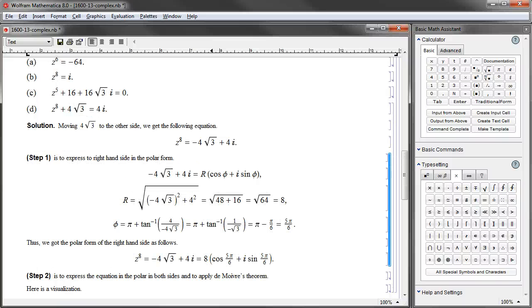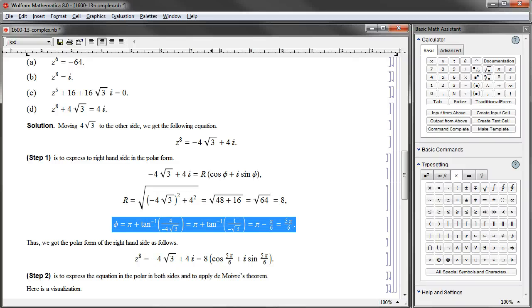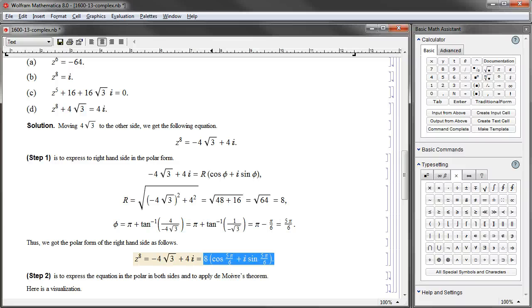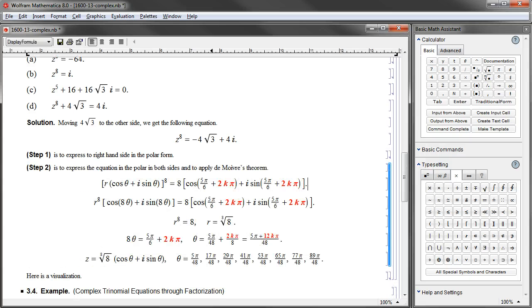You have to find the modulus capital R using the formula square root of x squared plus y squared. And then you have to find the argument using arctangent of y over x, or pi plus that, depending upon the x coordinate value. Eventually you get the polar expression of the right hand side, but do not forget plus 2k pi.